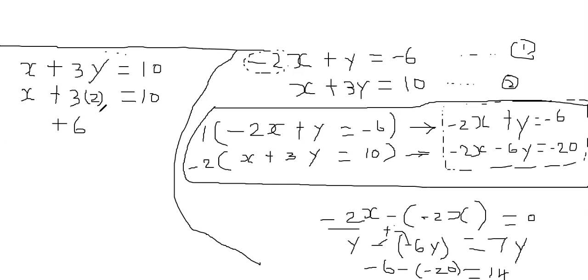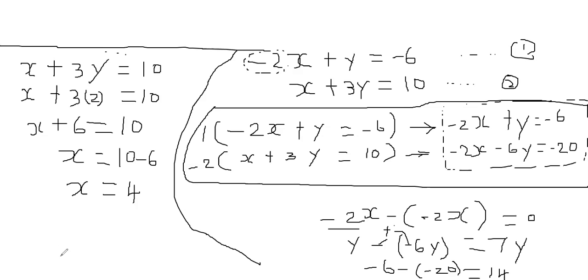This is multiplying. Then we make x the subject. 6 is adding, so when we take it over, it will subtract. All right? So x is therefore equal to 4.